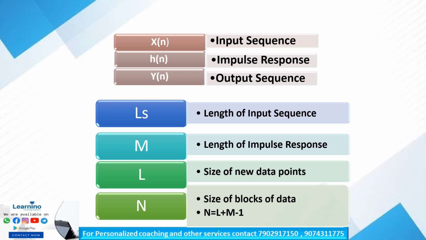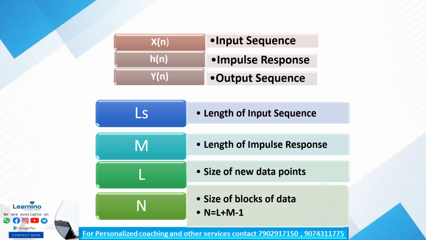Before explaining the methods, you have to be familiar with some of the notations. X of n represents the input sequence. H of n is the impulse response of the system. Y of n represents the output sequence, that is the convolved result. Ls represents the length of the input sequence. Capital M is the length of the impulse response.